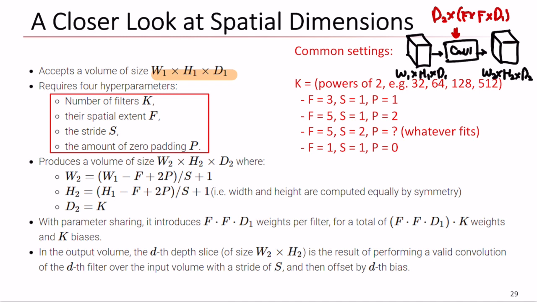But maybe you want to write the size of the input as H1 by W1 by D1, or you may prefer to use D1 times H1 times W1. That's totally fine. I mean, that's exactly the same.